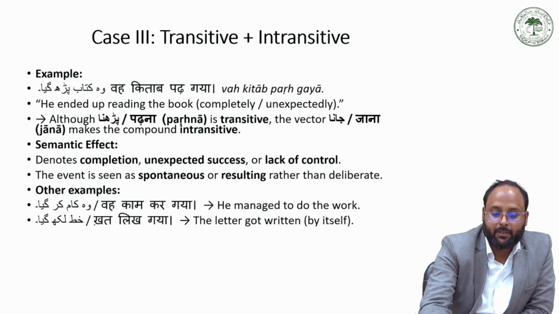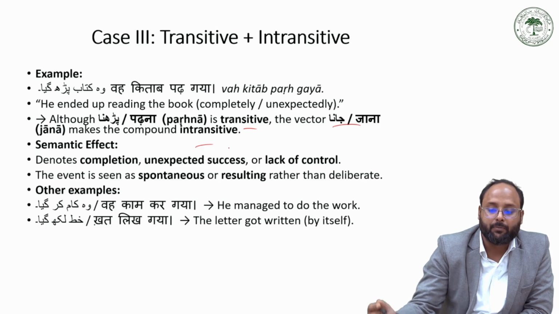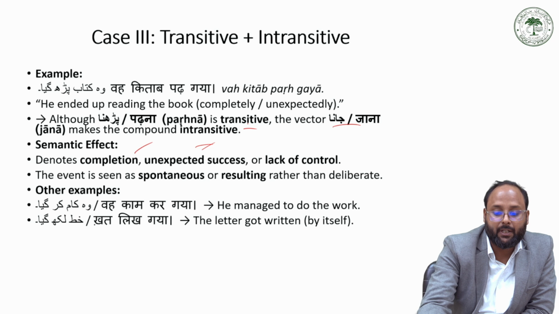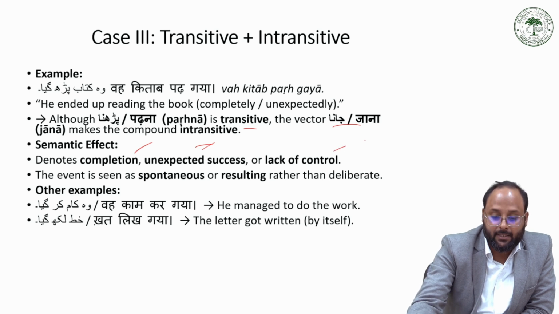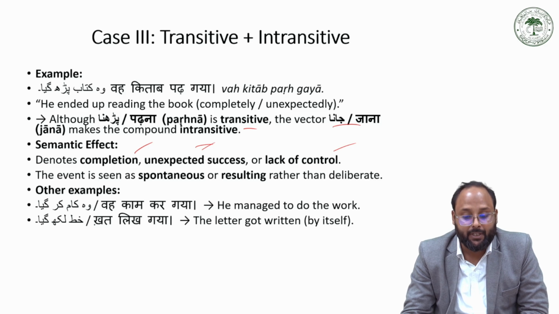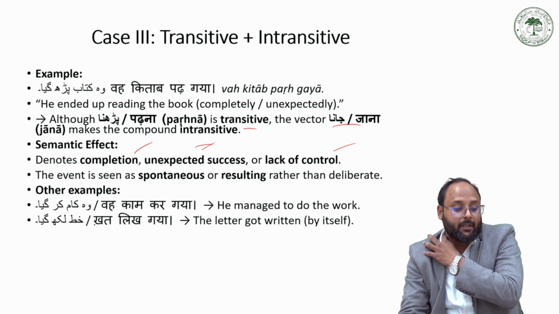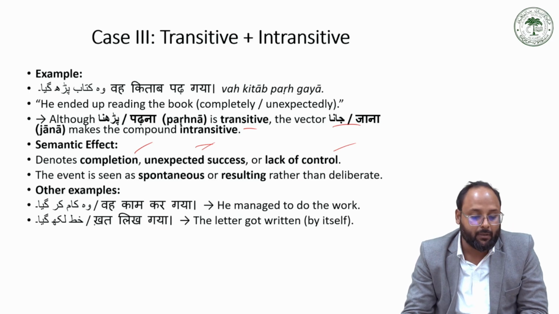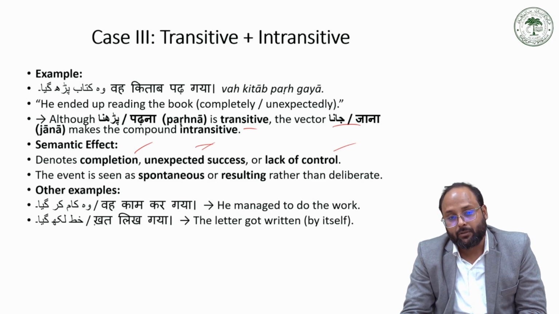The main verb padna is transitive and jana is intransitive, so the whole compound becomes intransitive. It gives the meaning of completion, unexpected success, or lack of control, where the event is seen as spontaneous, a resulting rather than deliberate action. Like वो किताब पढ़ गया, वो खत लिख गया: a spontaneous result, not a deliberate result.